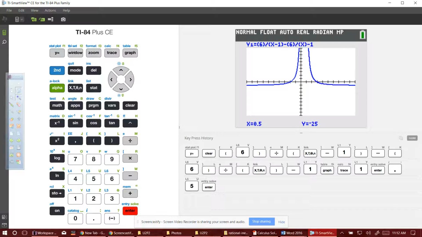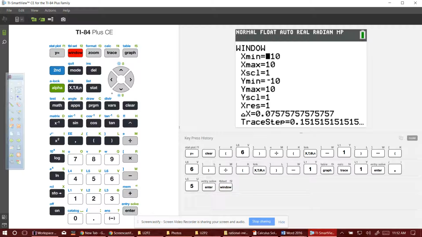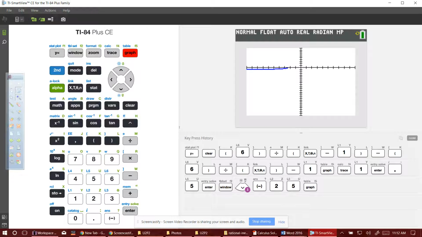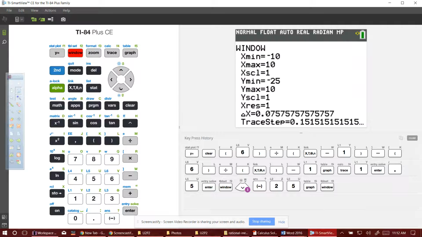So if I want to adjust that window to see my values, I can come down here and make my min. Maybe it was negative 25. And now as I hit graph, maybe I'll see that little negative piece there in the middle. So it's not as easy to see because I didn't go quite low enough because negative 25 was that exact value.